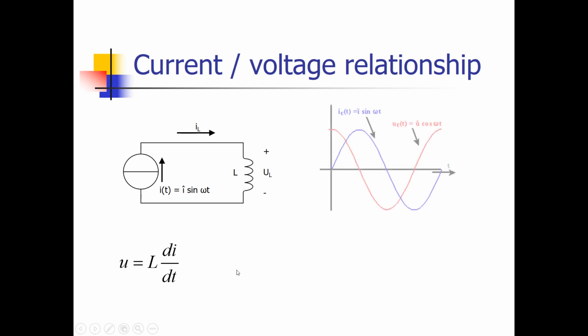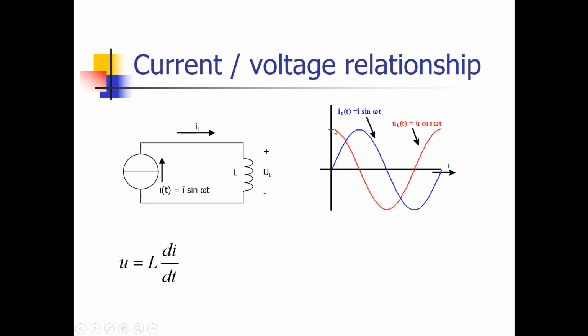Suppose this blue sine is the current, which is expressed over here. Then we can calculate the voltage across the inductor terminals by using this equation, which states that U is L times the derivative of that current. The current is a sine wave, so the derivative of a sine wave is a cosine wave.